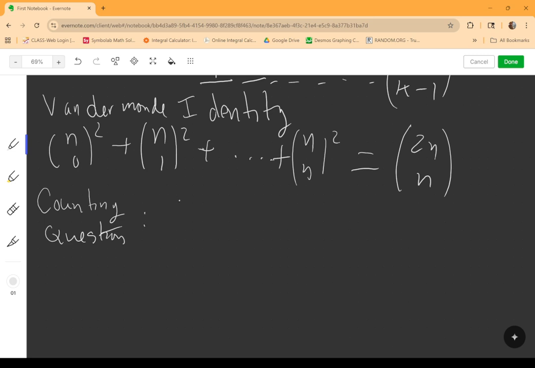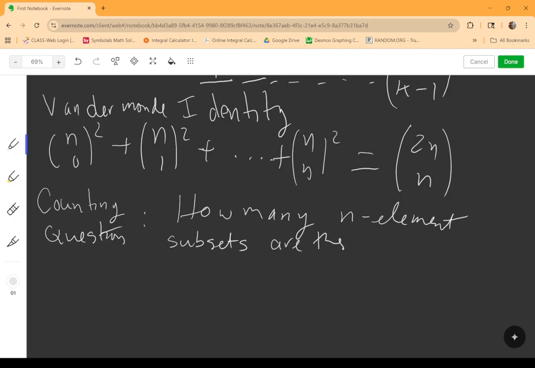And the counting question being asked here is, how many n element subsets are there of a set with 2n elements?